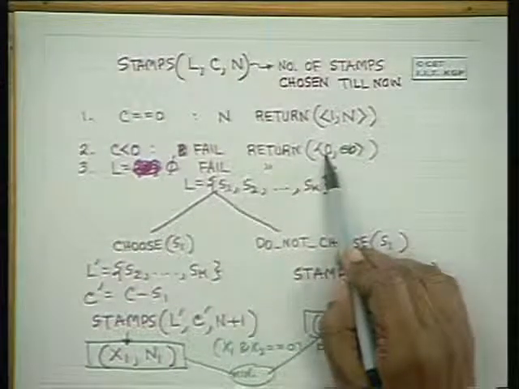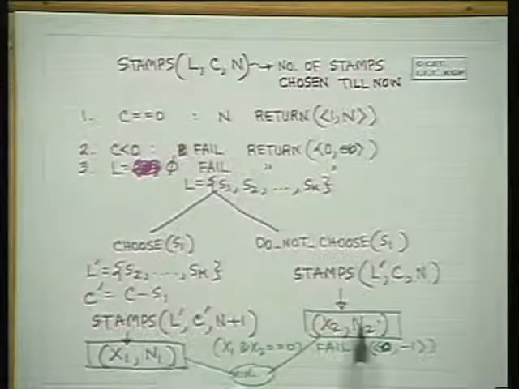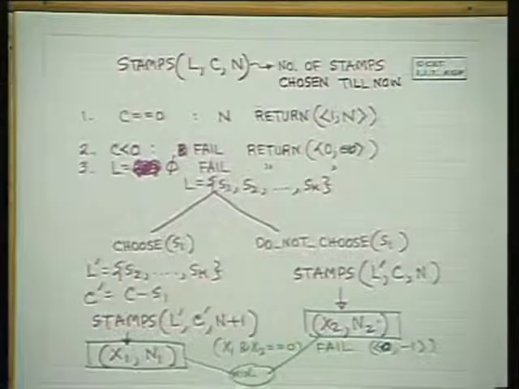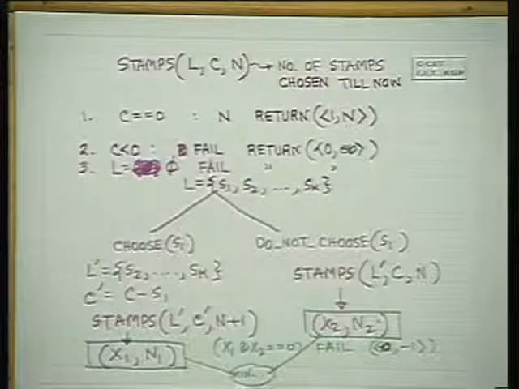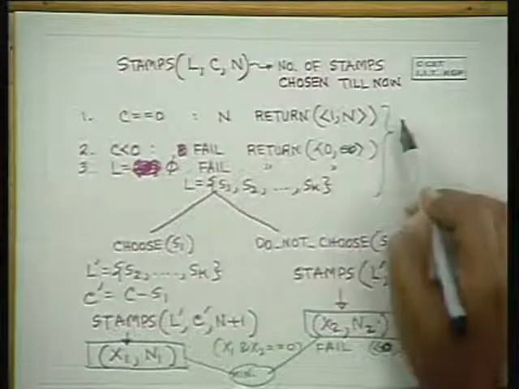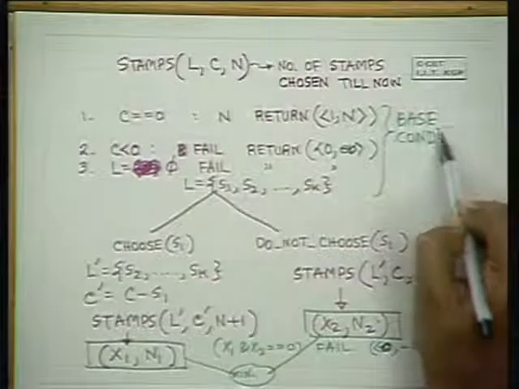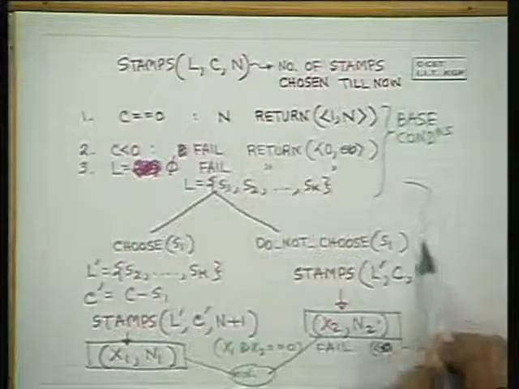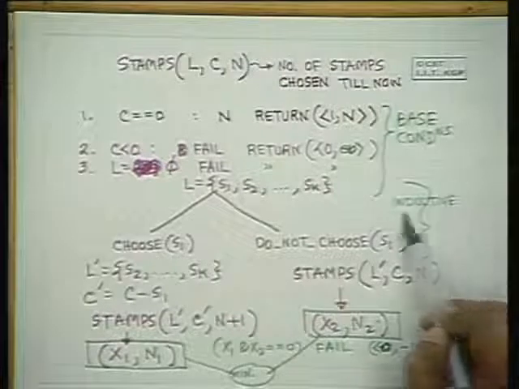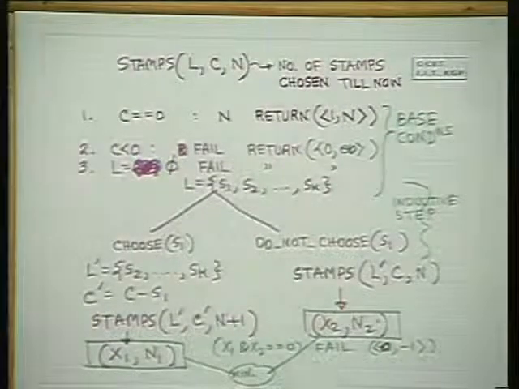Well, if it is 0 and you return infinity, then obviously taking a minimum of these 2 will give your solution, because if both are 0, both will be infinity, you will return infinity. Or any way you can solve the problem. So the steps are, these are the base conditions. This is the inductive step. And this is the recomposition.